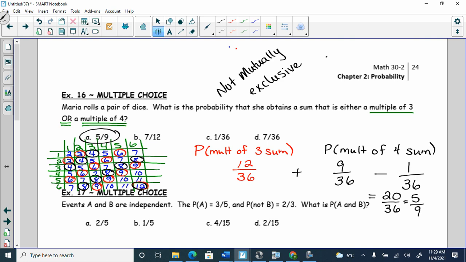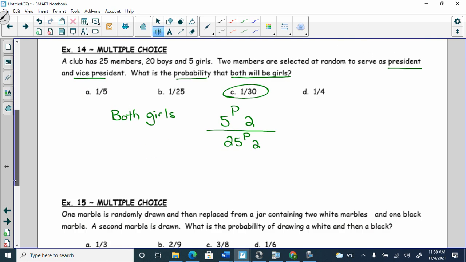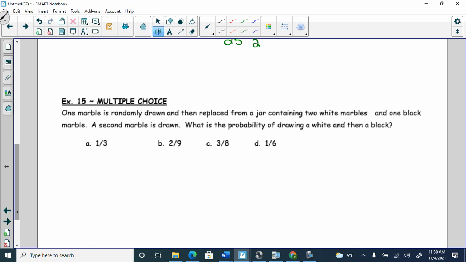We'll go back one, because I skipped a question. One marble is randomly drawn, then replaced. Oh, I replaced it. What are these events? Independent. From a jar of 2 white marbles and 1 black marble, there's 3.